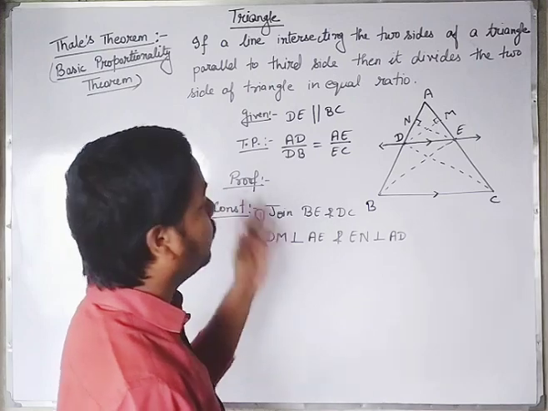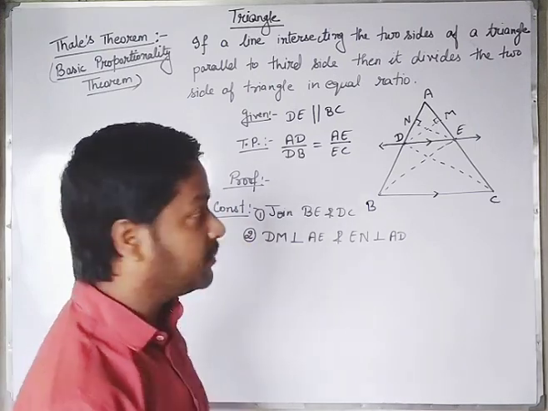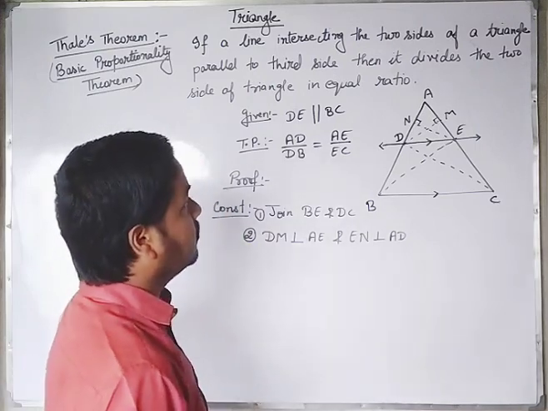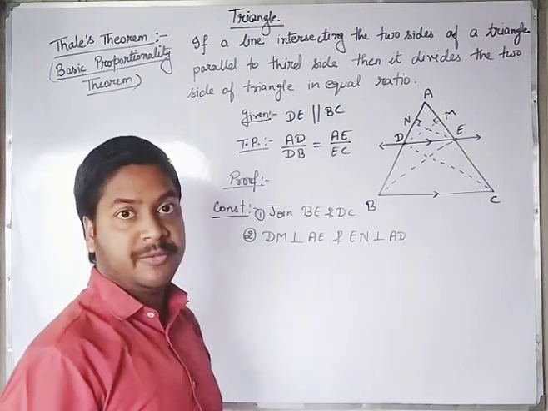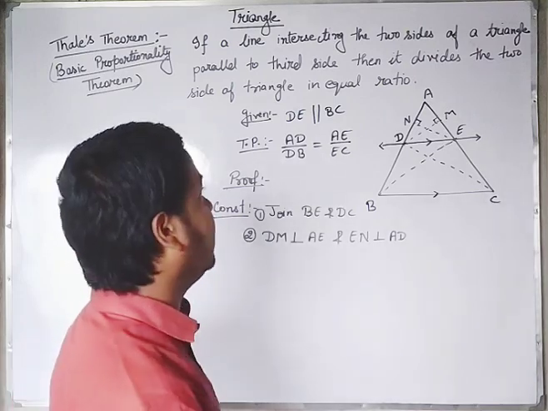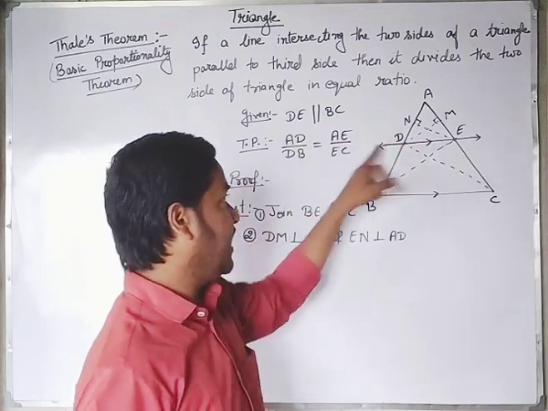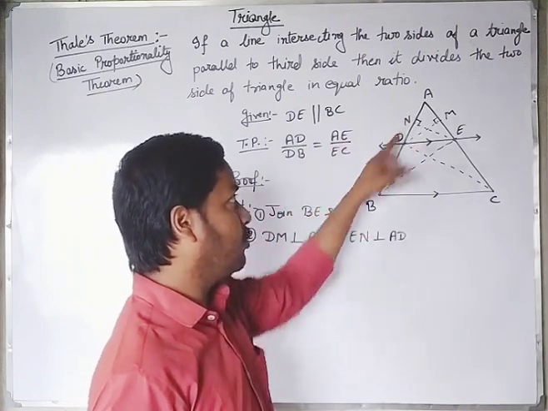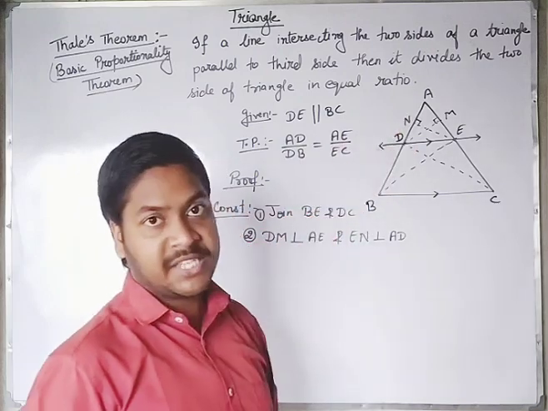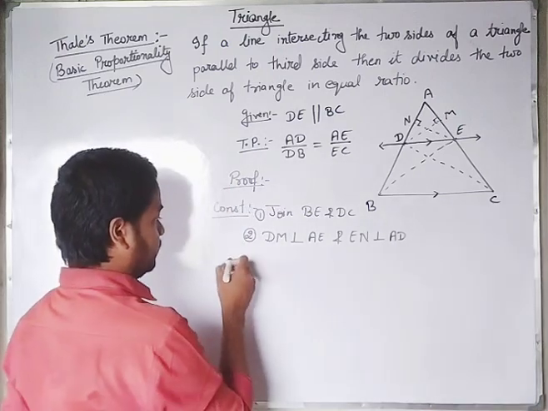At first, in order to prove this one, we will find the area of some triangles. So what we will do, actually we will find the ratio of the area directly. We need AD and DB. Since both of these sides, if we see it closely, we will have two triangles.